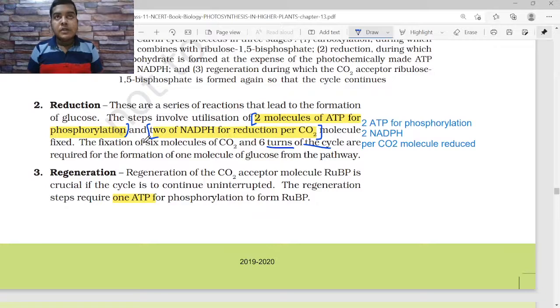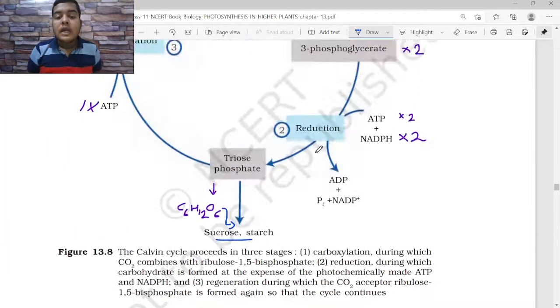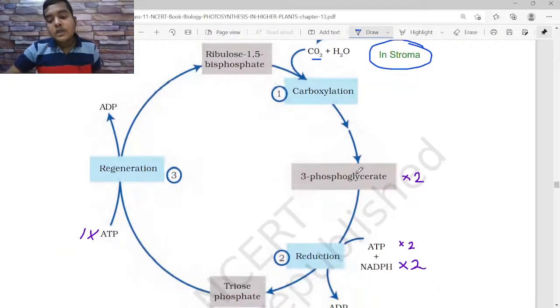Now regeneration is very important step so that the reaction cycle and mechanism continues. So the regeneration of the CO2 acceptor molecule RuBP is crucial if the cycle is to continue uninterrupted. ठीक है, for that process 1 ATP is required. एक क्वेश्चन और है मेरा कि जो ये हमारा PGA मॉलिक्यूल है उसमें कितने कार्बन है? 3 कार्बन है.